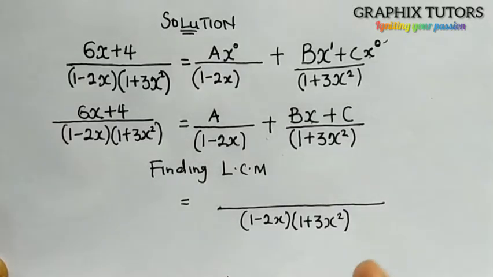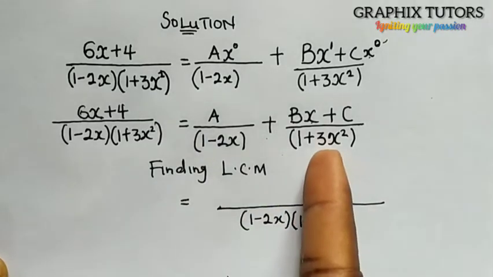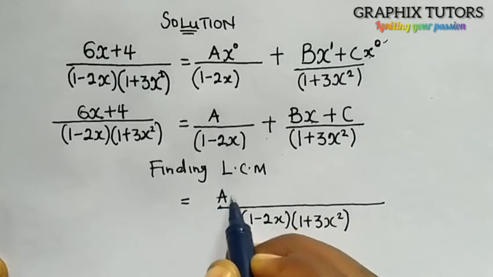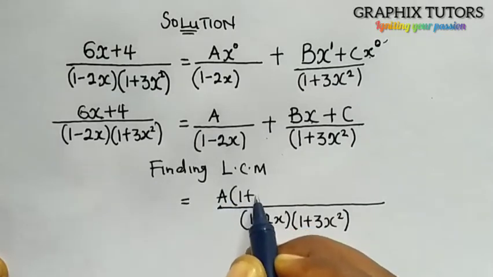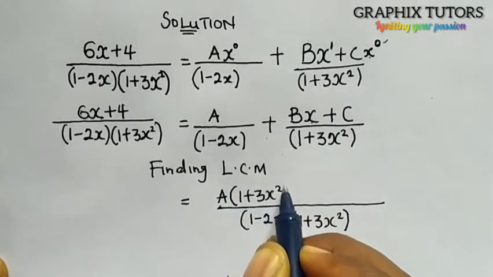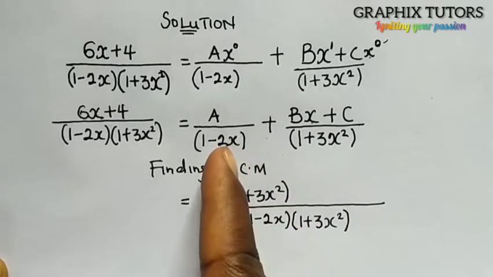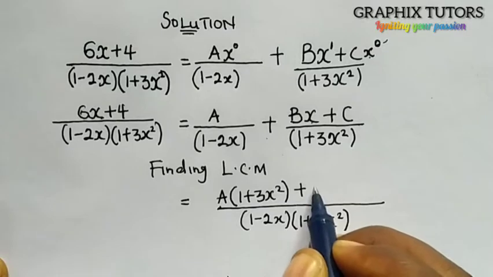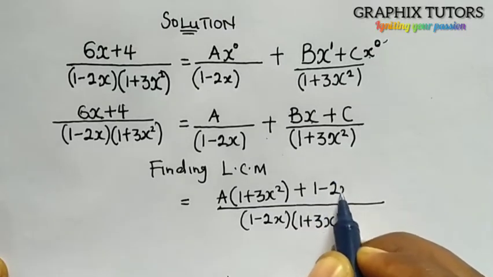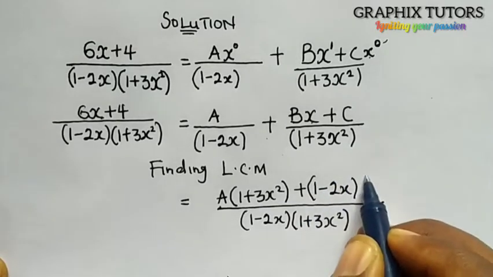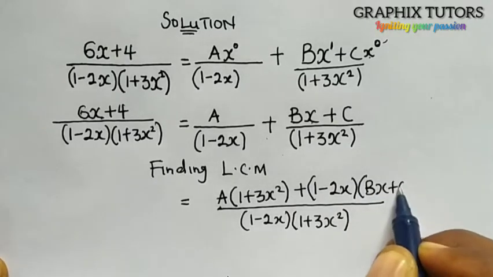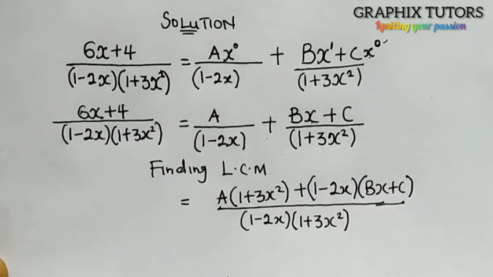So you just cross multiply. You take this to multiply A, you have A(1 + 3x²), and you take this to multiply this, we are going to have plus (1 - 2x)(Bx + C). That's what we have there, right?